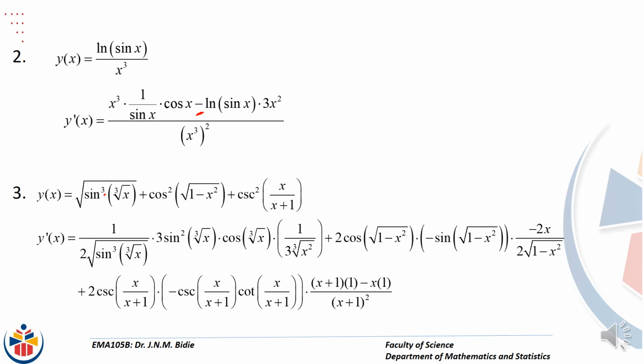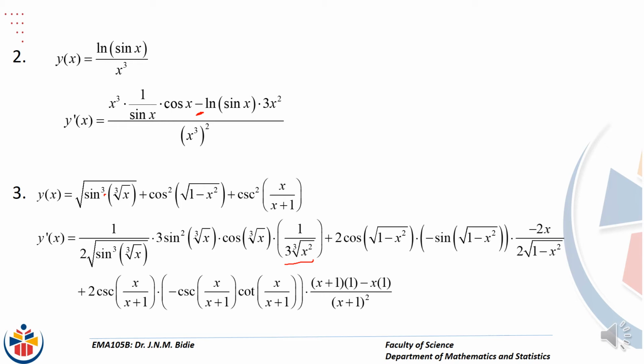So that means it will give us 3 sine squared of the argument, multiplied by the derivative of sine, which is cos, multiplied by the derivative of the argument of sine, which gives us that term. Please, I need you to check the derivative of the cube root of x, whether I got it right.